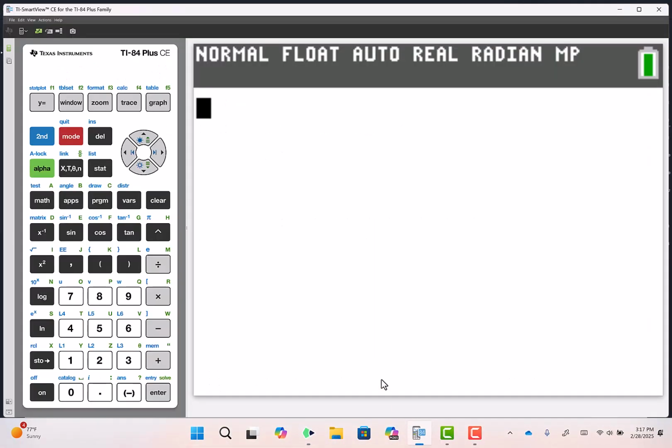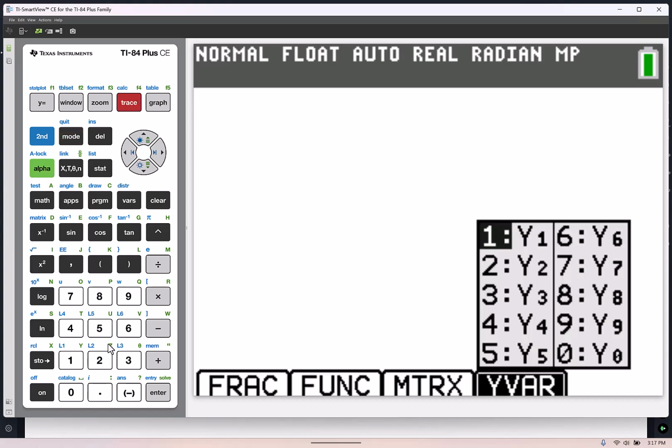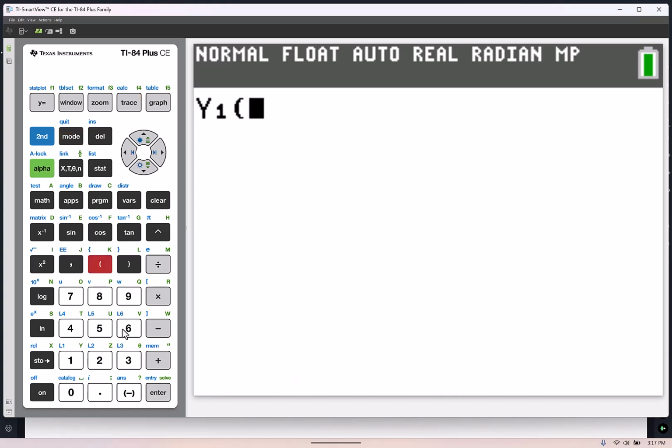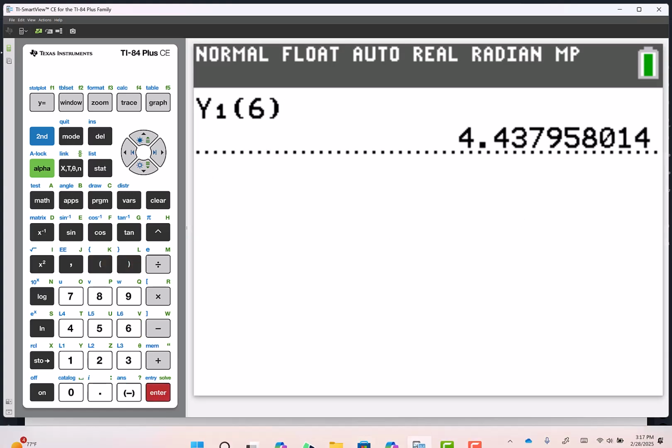So let's find out. I go to my home screen, and I'm going to go alpha trace Y1 at what value? Yeah, you could have also looked at a table. It doesn't matter how you do it. 4.4379.